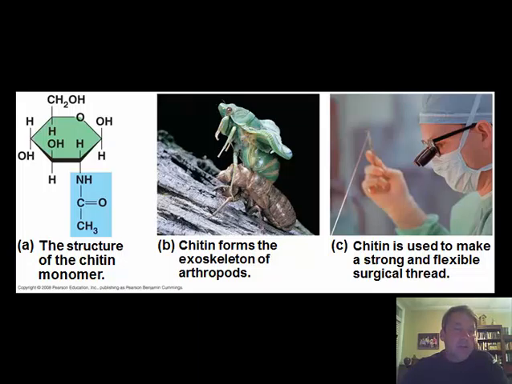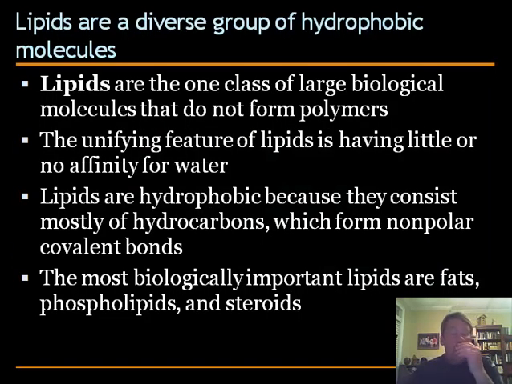Our second group of major molecules that we're going to look at are our lipids. Lipids are the one class that is not a polymer. So it's not a bunch of repeating units that forms lipids.